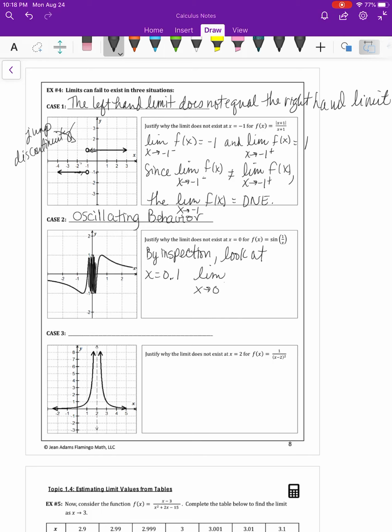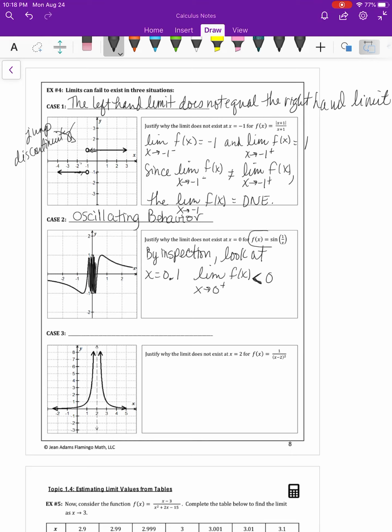Limit as x approaches 0 from the right, because 0.1 is from the right, and that limit is going to be negative.